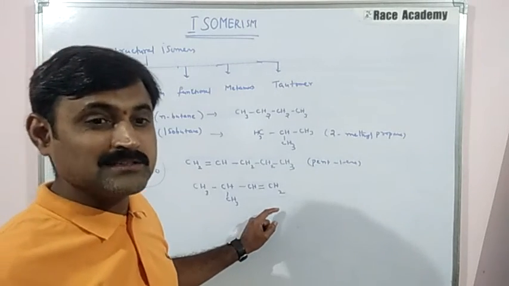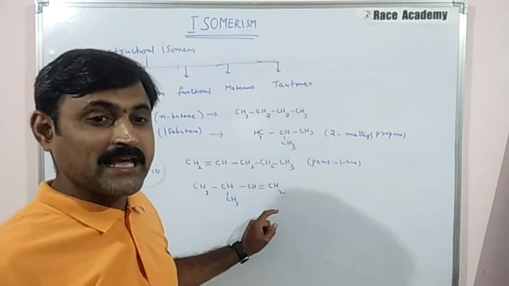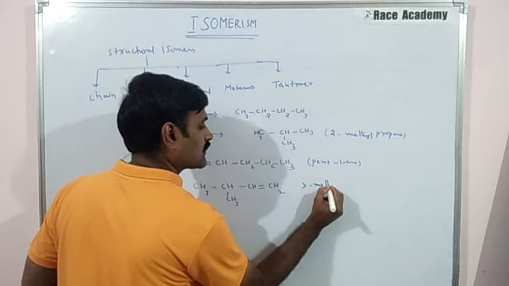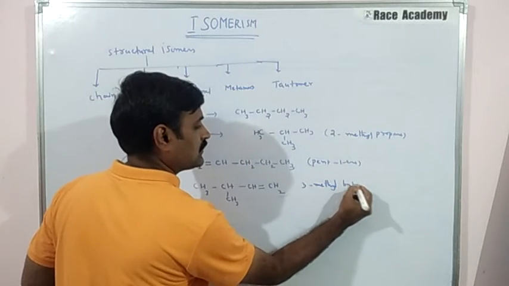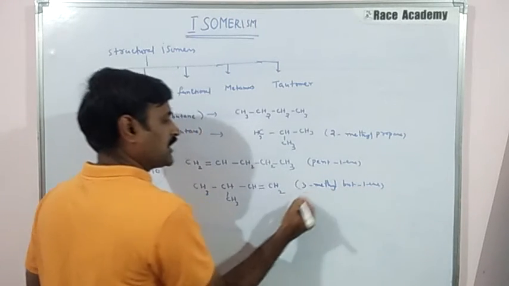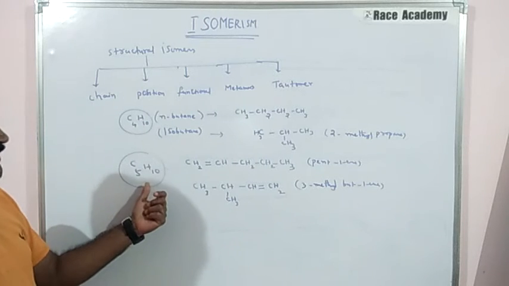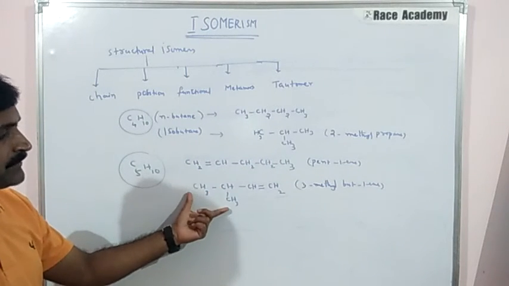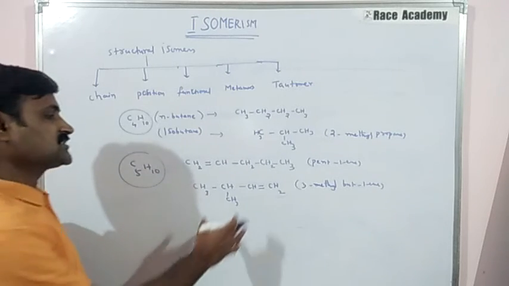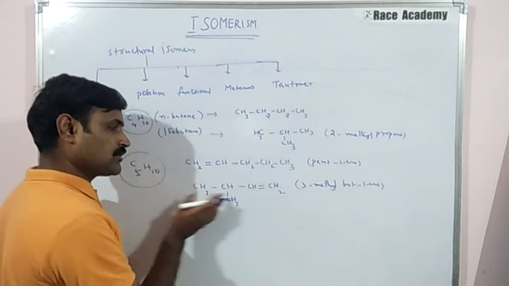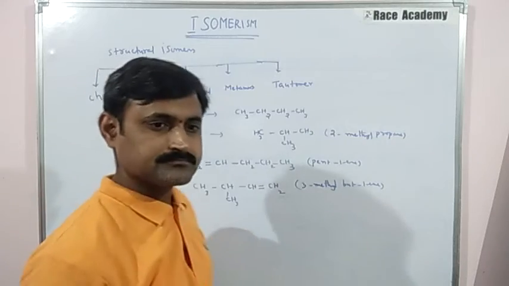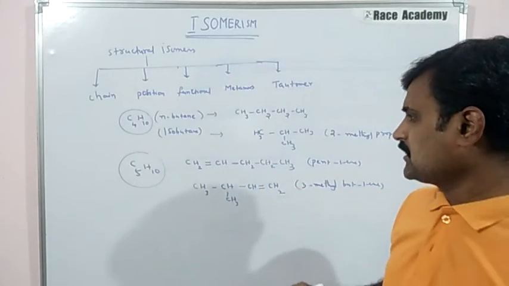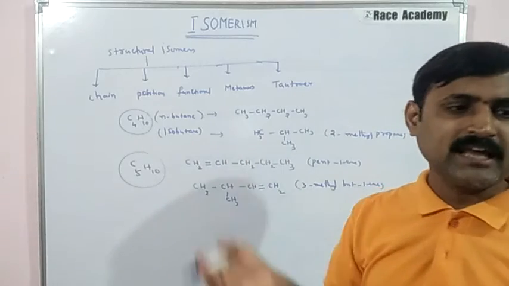So we can call this 3-methylbut-1-ene. But the molecular formula is the same. So you can change the double bond location, or you can completely change the parent chain, meaning the number of carbons in the parent chain also changes in this example. Likewise, several examples can be taken to understand chain isomerism.